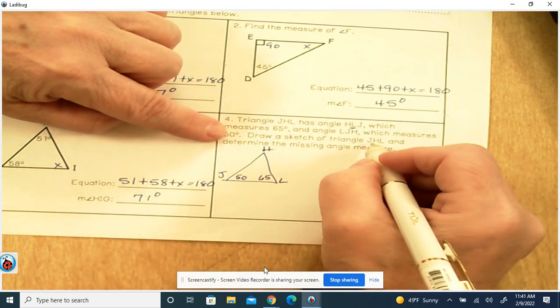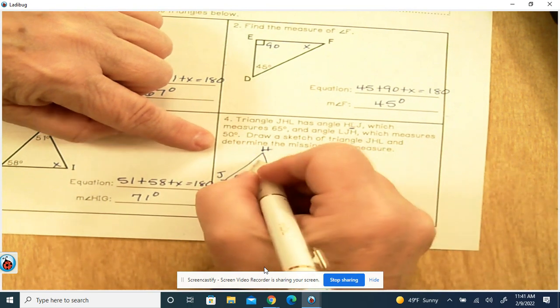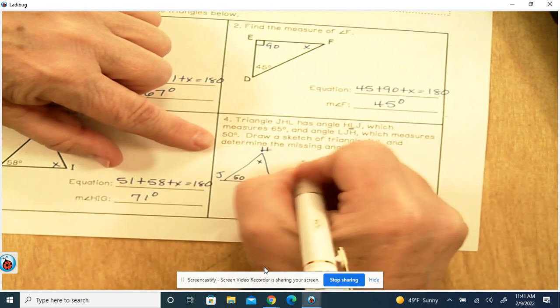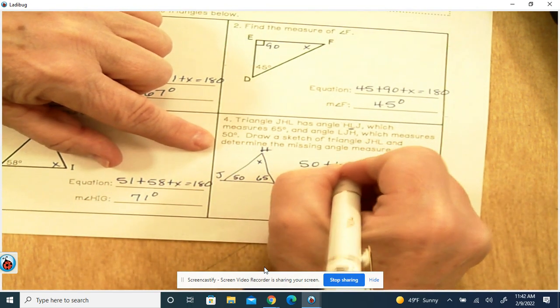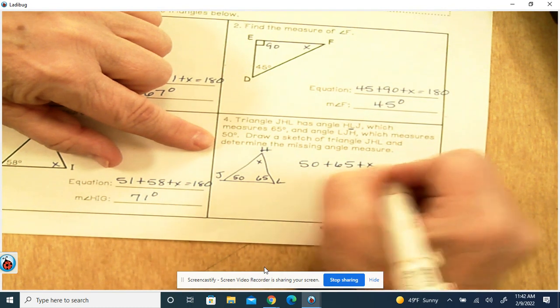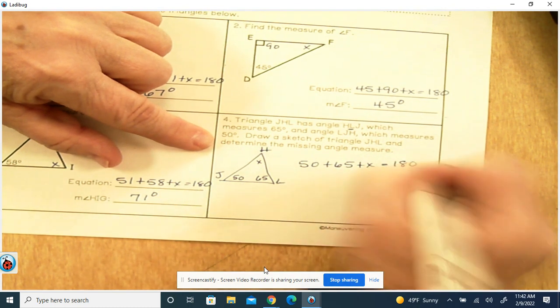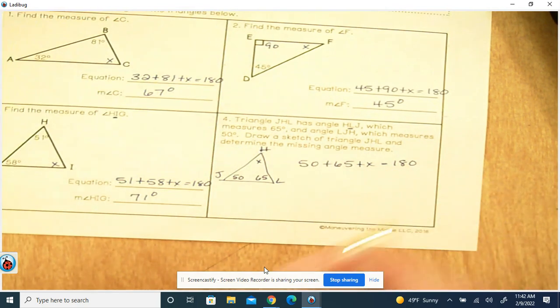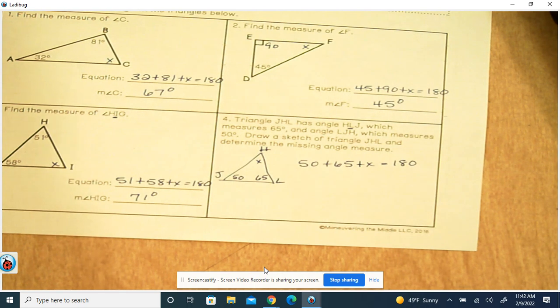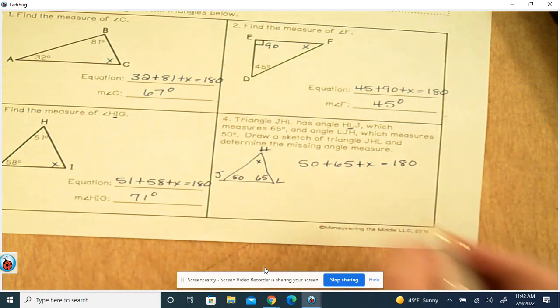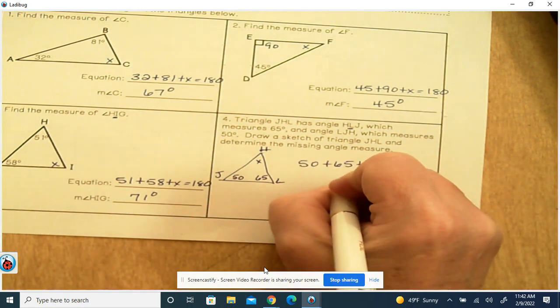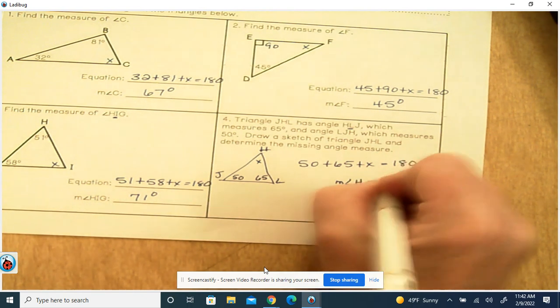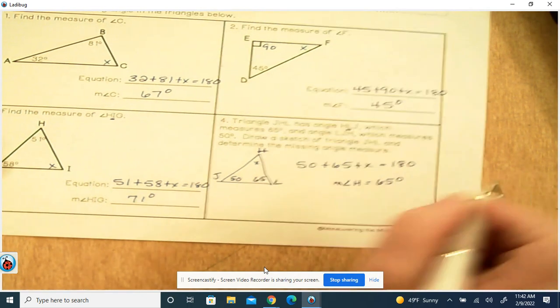Draw and sketch the triangle JHL and determine the missing angle here. So we've got 50 plus 65 plus X, and remember they have to equal 180. If we do this in the calculator, we're going to get 65 degrees. So the measure of angle H is equal to 65 degrees.